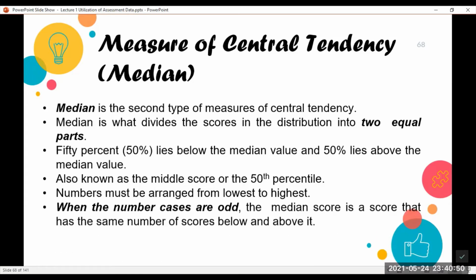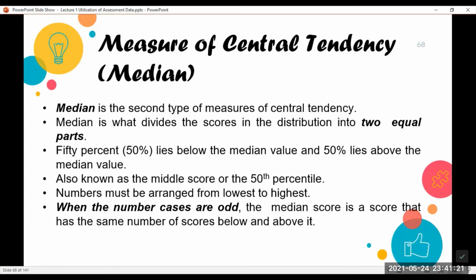When the number of cases is odd, the median score is a score that has the same number of scores below and above it. Okay, anyway, you will have a visual for this. Like for example, if we have odd scores, meaning to say, 7 scores, the median score is a score that has the same number of scores below and above it.